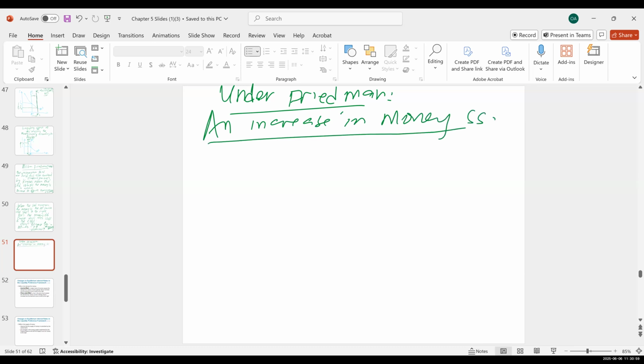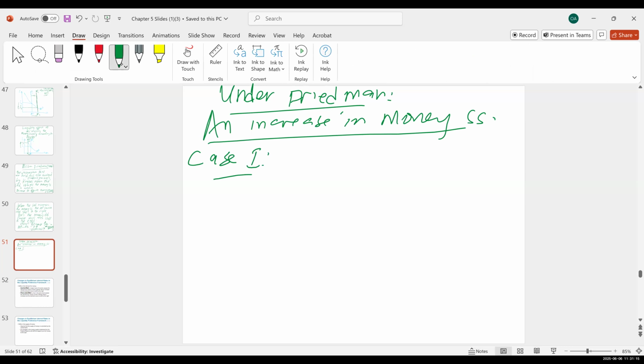Let's talk about it. Case one, because Friedman is saying that when you increase the money supply, both the demand for money and the supply for money are going to shift to the what? To the right. So we're going to look at case one. Friedman is going to argue that, and Keynes should have looked at all this.